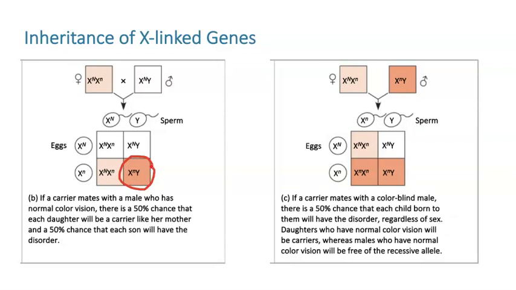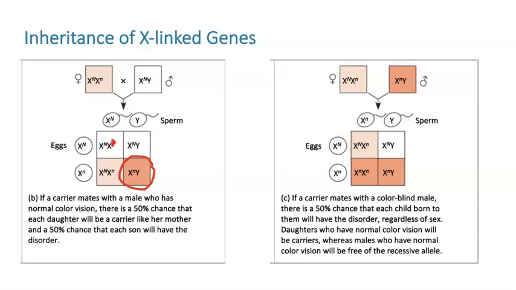In fact, for males, there's a 50% chance that they will be colorblind, but there's a 0% chance that the female will be colorblind.